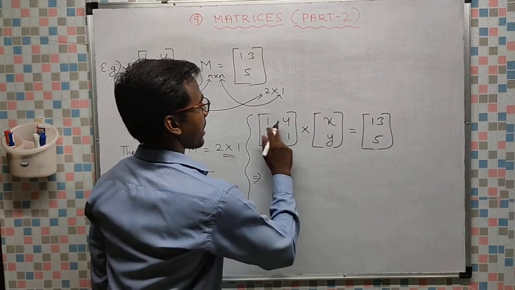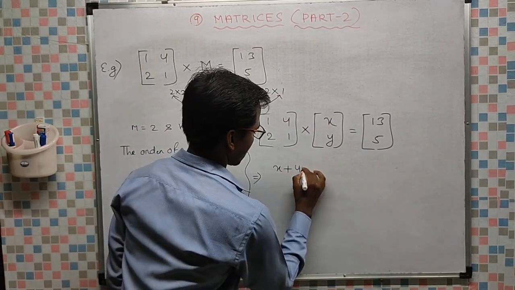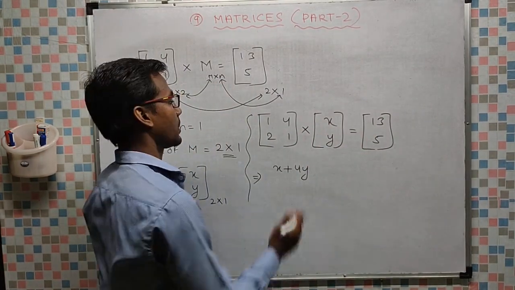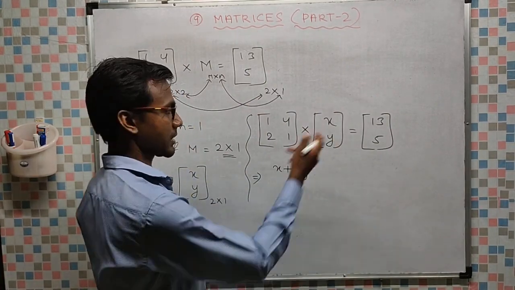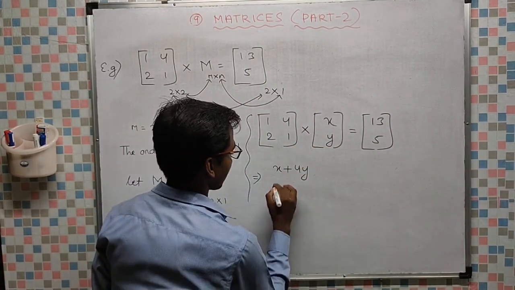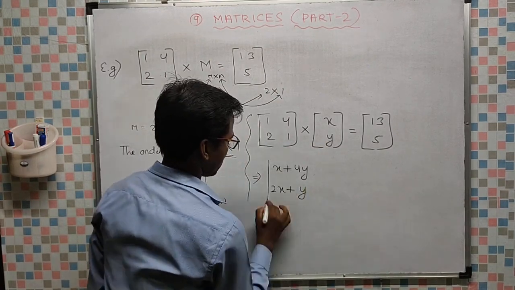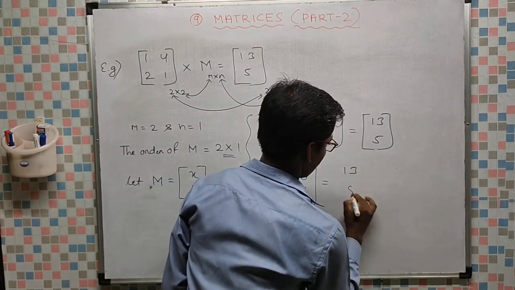First row, first column: 1 into x is x plus 4 into y is 4y. No more columns, so first row is over. Now move to the second row. Only one column is there in the second matrix. So 2 into x is 2x, 1 into y is y, is equal to [13; 5].